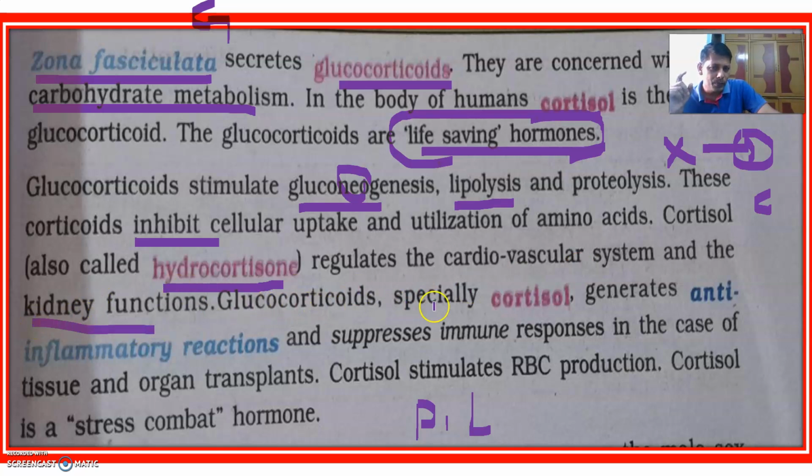Glucocorticoids, especially cortisol, generate anti-inflammatory reactions. What do you mean by inflammation? When there is an injury in our body, a physical trauma, damage in our tissues, you observe redness, swelling, heat production, and pain.